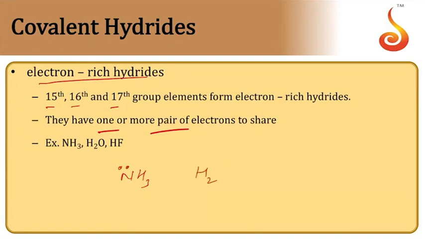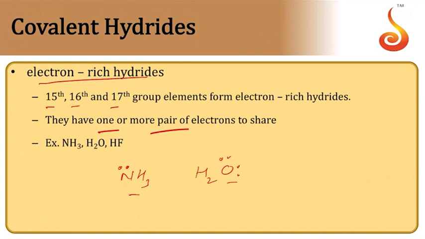If you take a water molecule, water has 2 lone pairs on the oxygen atom. Therefore these lone pairs can be shared by others, so they are electron rich. So 15, 16, 17 group elements form electron rich hydrides, because they can share one or more lone pairs of electrons with other species.